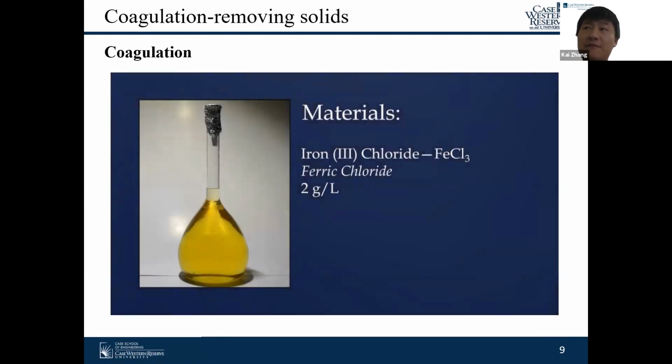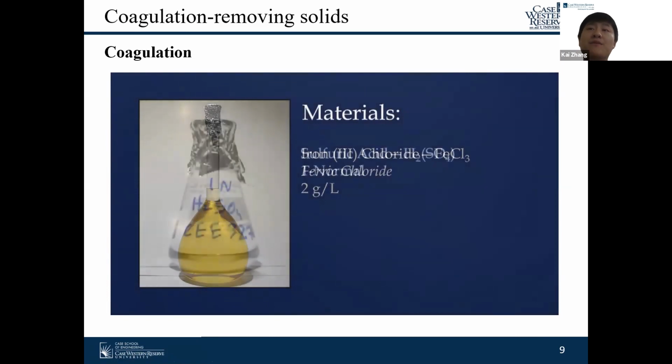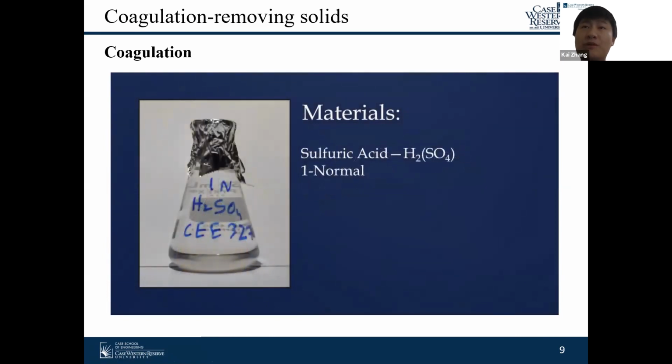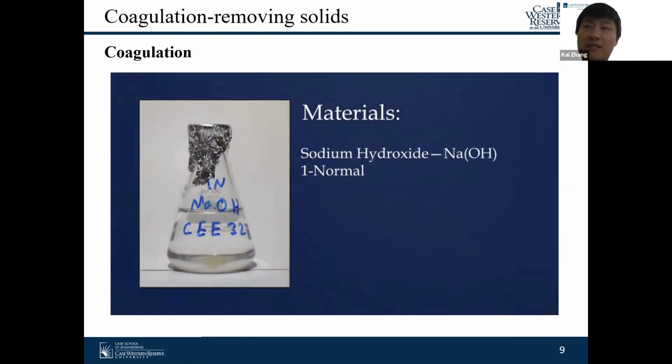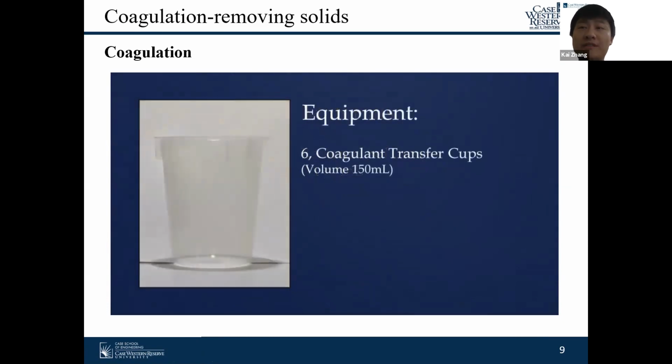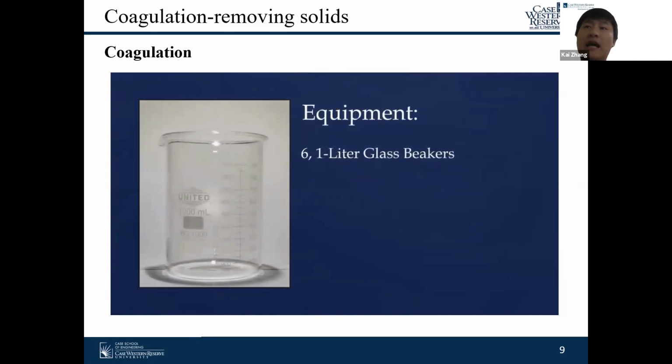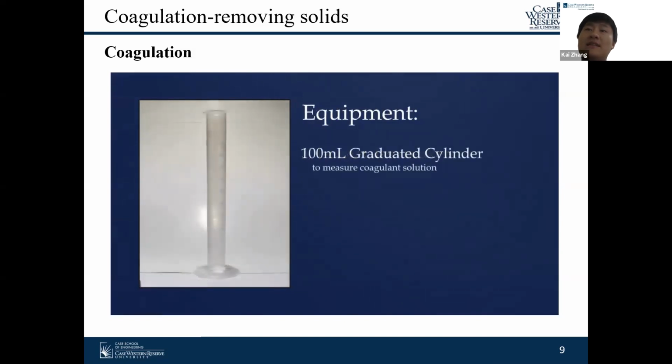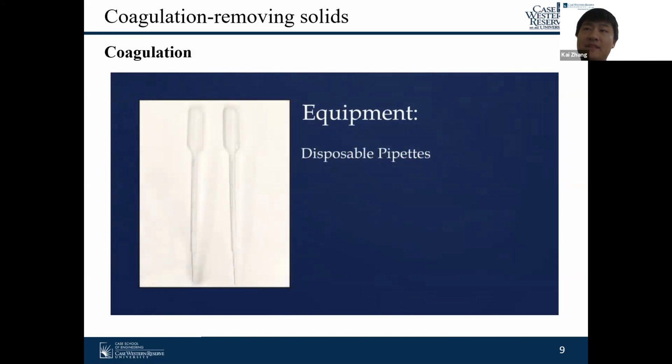In the first part, we introduce some materials and supplies. We have the acid, the sodium hydroxide, and the water that needs to be treated. Also some containers: a transfer cup, a glass beaker, a graduated cylinder, and the disposable pipette.